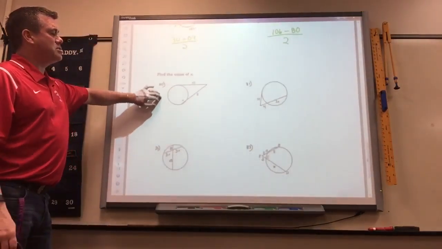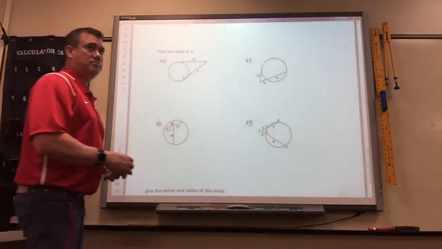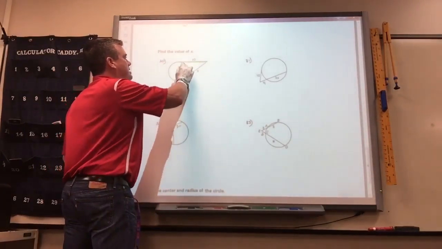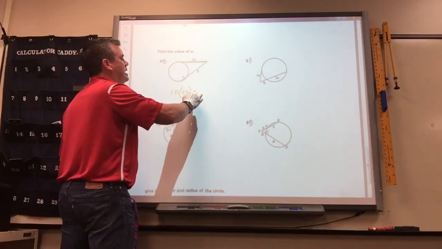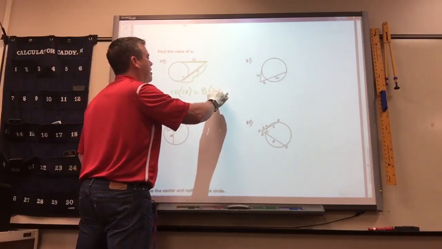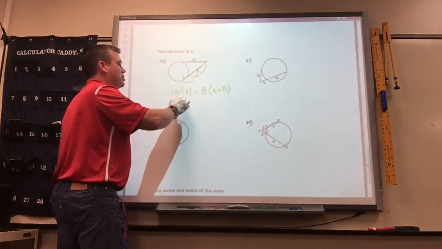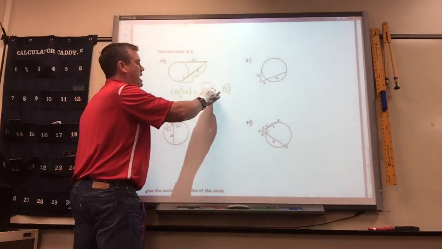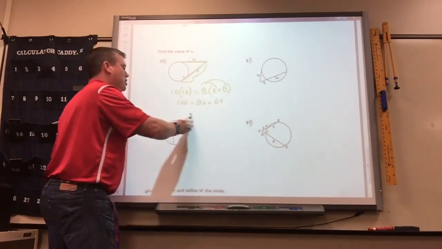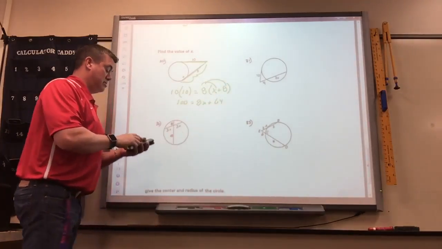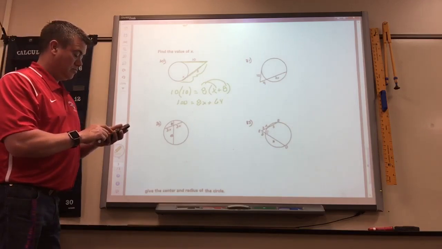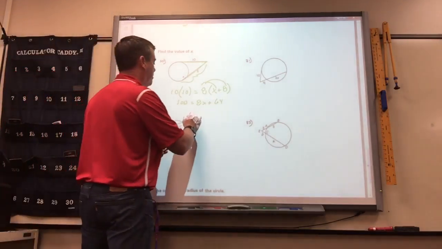Now these last ones are the lengths. It's the outside times the whole length equals the outside times the whole length. So this is 100 equals 8x plus 64. So you subtract 64 and divide by 8, and you get 4.5.